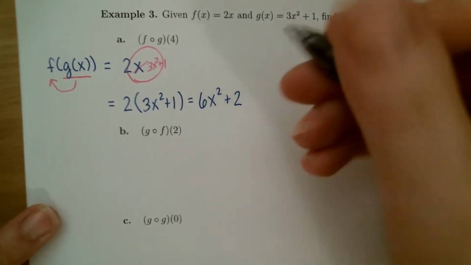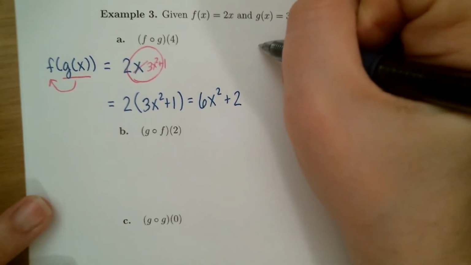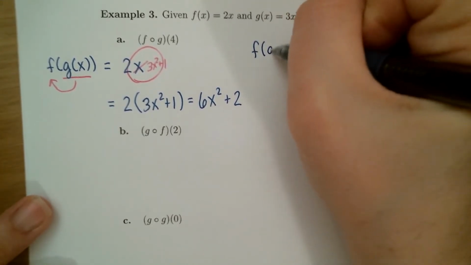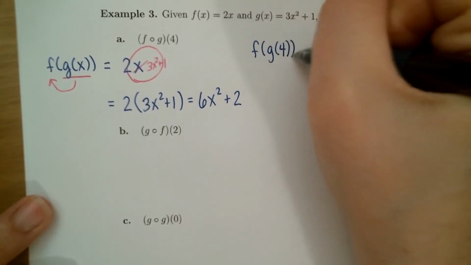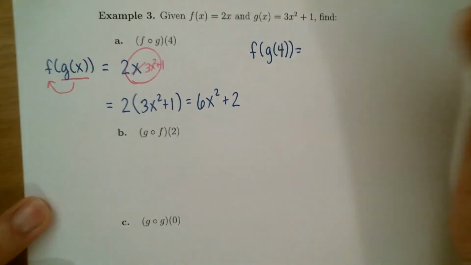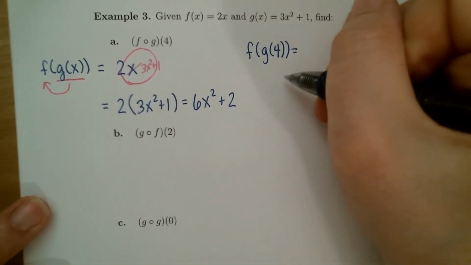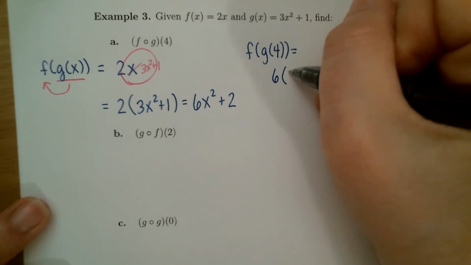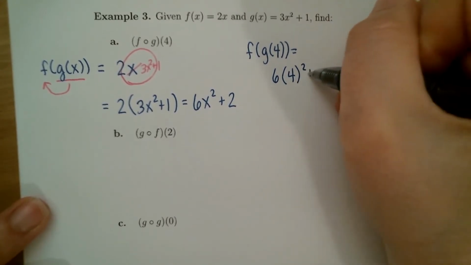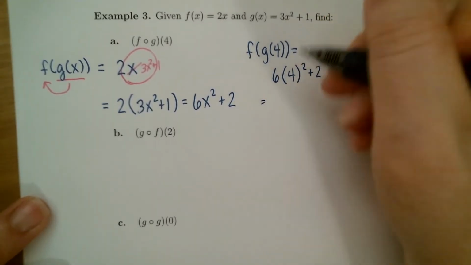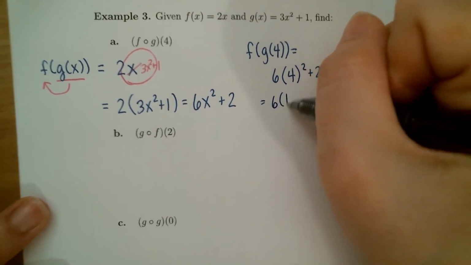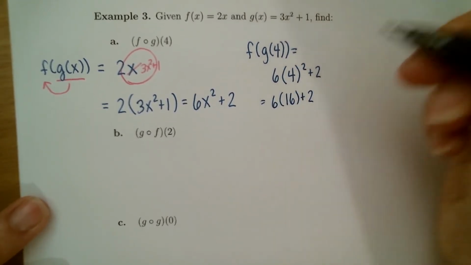Then if I want f of g of 4, I just need to plug 4 into this equation. So I would get 6 times 4 squared plus 2. That's going to give me 6 times 16 plus 2.